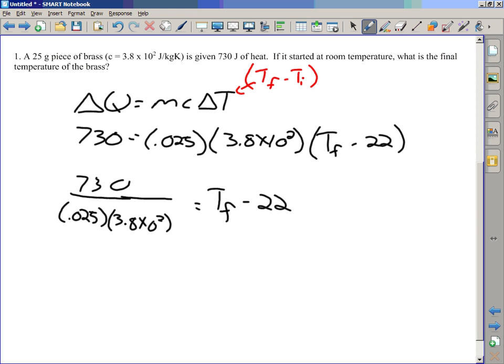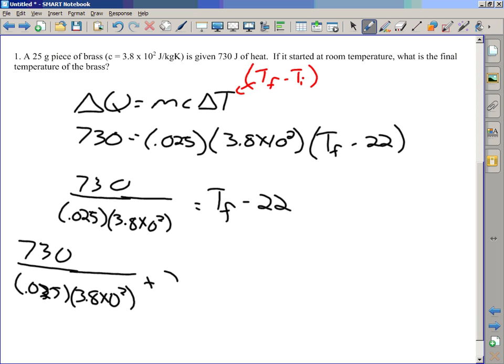Need to add 22 over. So whatever 730 divided by 0.025 times 3.8 times 10 to the second is, plus 22, that'll give you TF, final. What does it come out to? 99 degrees Celsius. Got warm.